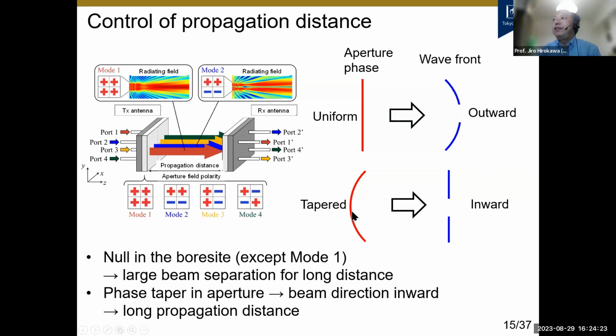So in order to compensate this beam separation, we introduce a tapered aperture phase distribution over the aperture, like this, in the inward direction. So wave fronts go to the right direction at some distance.